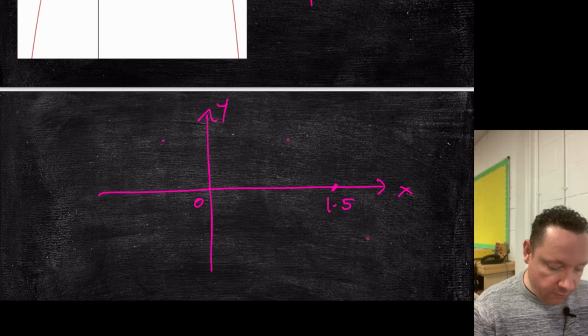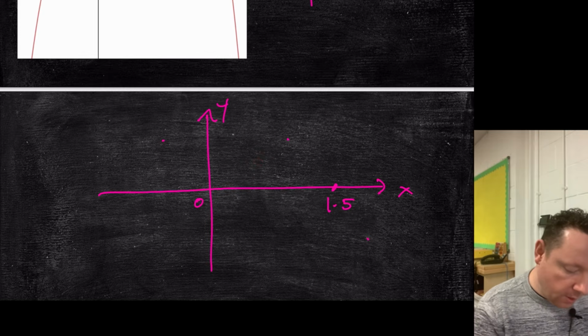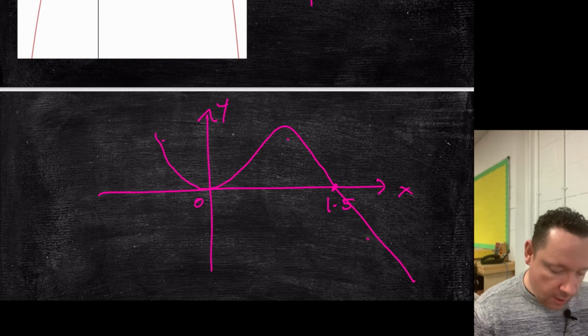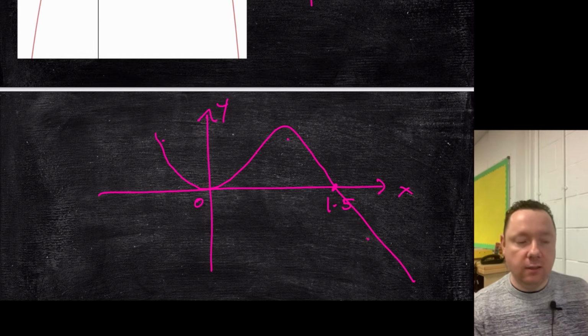So clearly, if we're above it here and we're above it here, crossing this line, it has to go like this before it turns at some point to drop back down. So we can just kind of draw that in. And we get our nice graph there.